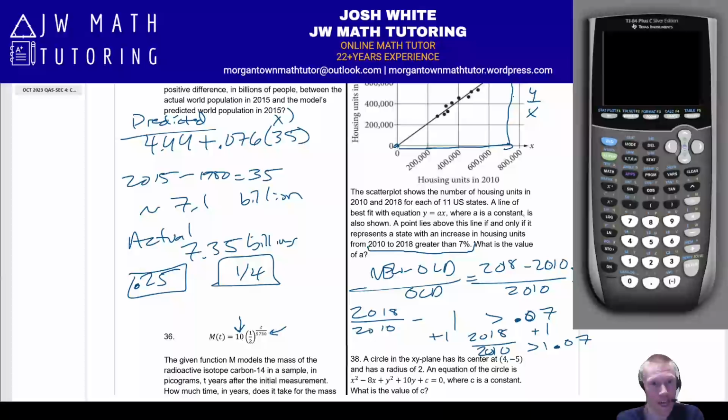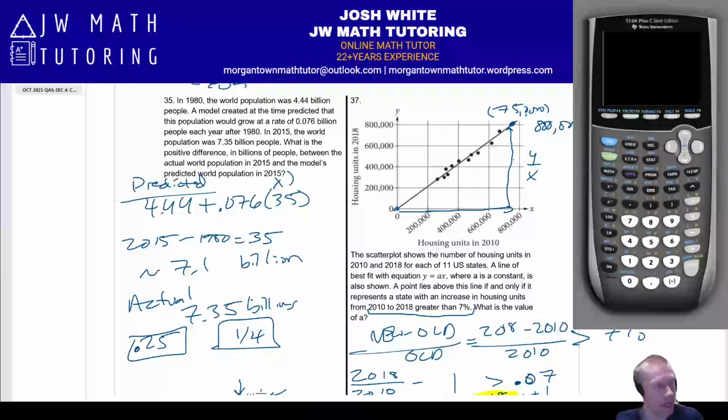However, notice that this fraction on the left side, 2018 over 2010, is just the y coordinate value over the x coordinate value. In other words, this is the slope that I was talking about at the beginning of the problem.